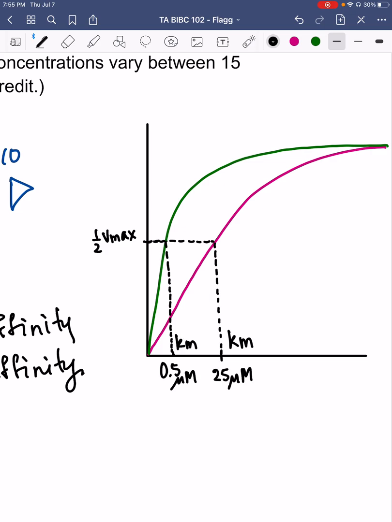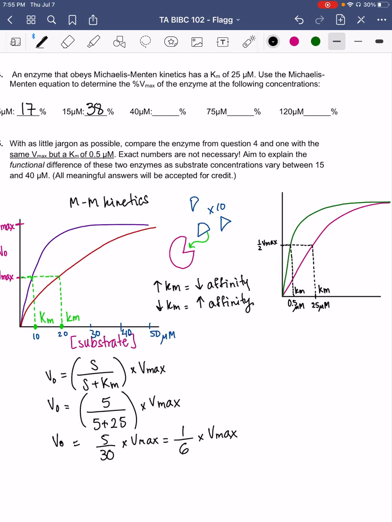Okay, now the question is, after we draw this out, Km of 25 and Km of 0.5, exact numbers are not necessary. Aim to explain the functional difference of these two enzymes as substrate concentration varies between 15 and 40.